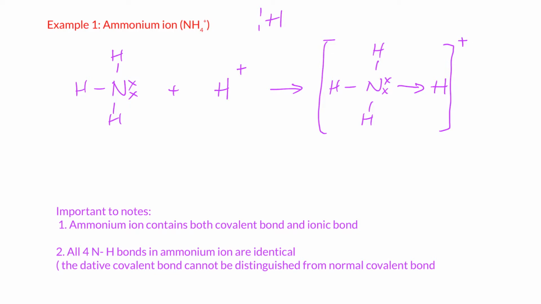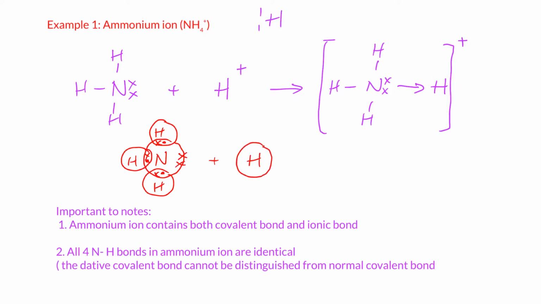If it's in an electronic diagram, or a dot and cross diagram, it will be like this. The nitrogen, hydrogen here, remember, this is a dot and cross diagram. When you see a hydrogen with no electron in it, this one should be positive.